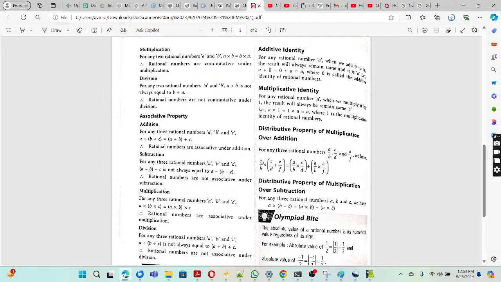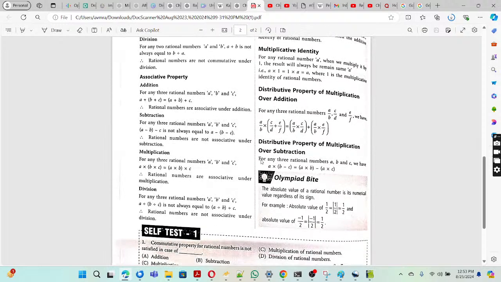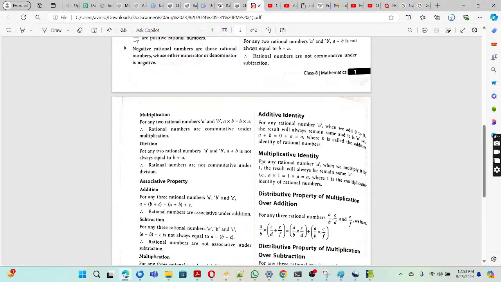Multiplication is associative: (a into b) into c equals a into (b into c). Division is not associative. For any three rational numbers a, b, c, (a divided by b) divided by c is not equal to a divided by (b divided by c). So remember this. We will do the exercises thoroughly.